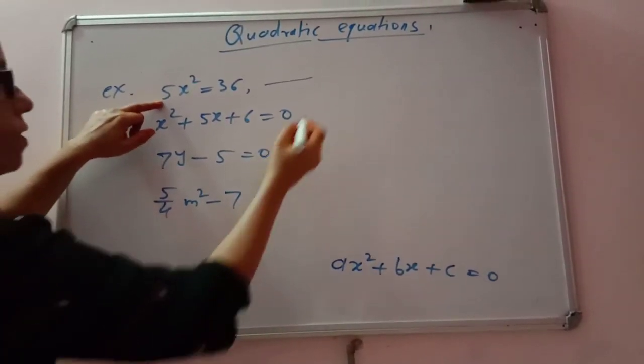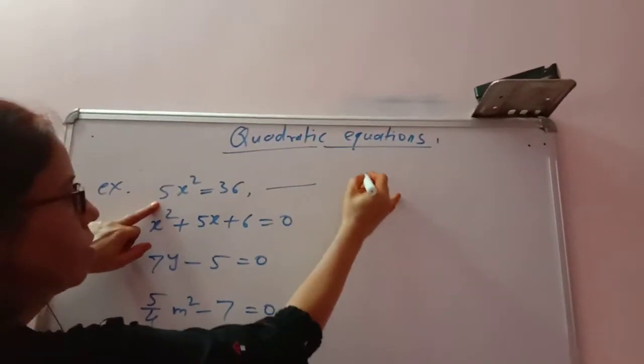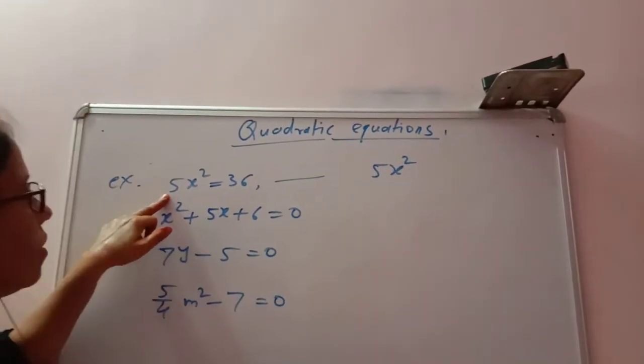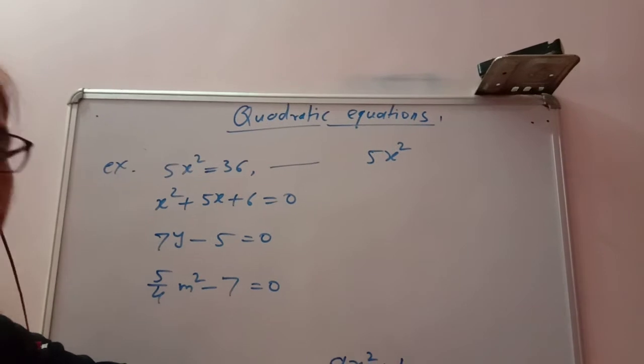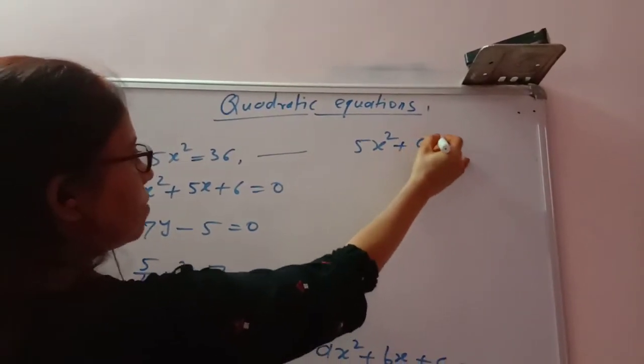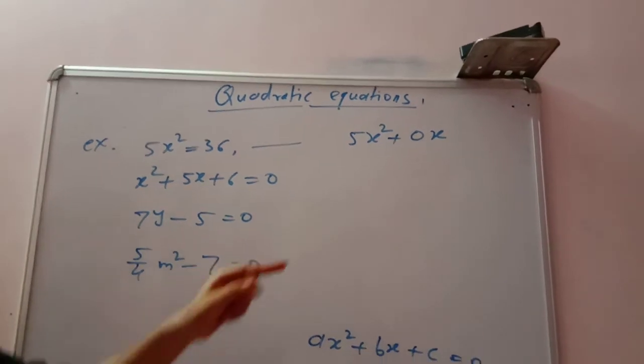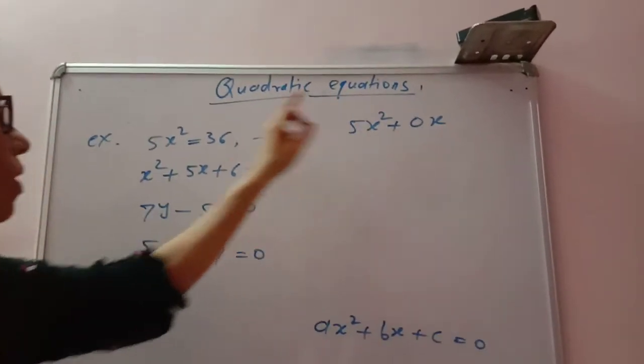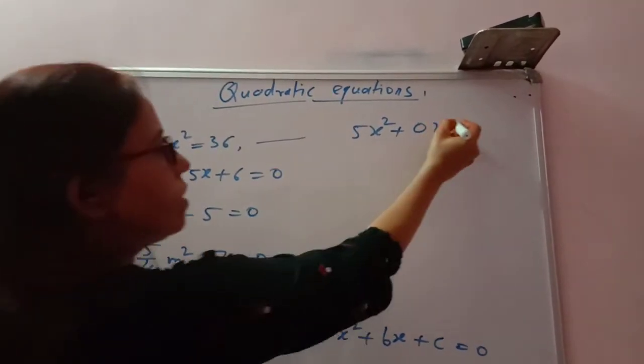So the first term is a equal to 5x square, the middle term b is 0 here, that is 0x, and 36 we take to this side.